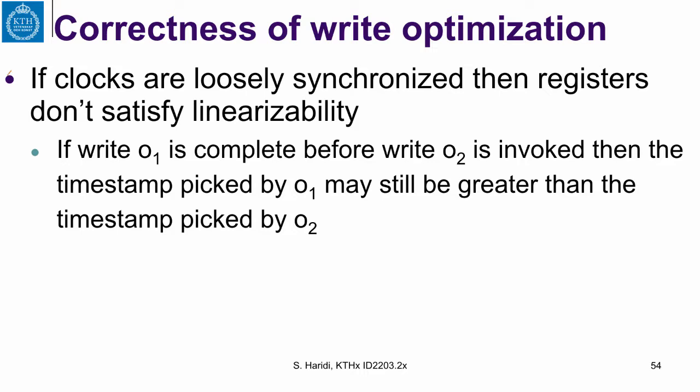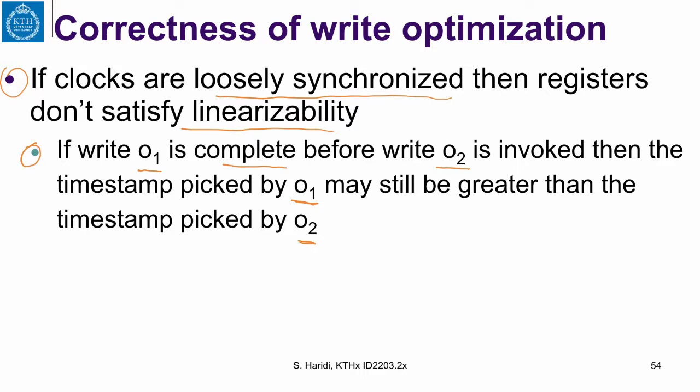So if we have clocks that are loosely synchronized, then the algorithm that we just described does not satisfy linearizability. Why is that? Because write O1 will complete before write O2 is invoked. But of course the timestamp of O1 may still be greater than the timestamp of O2.